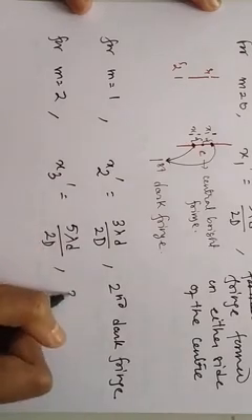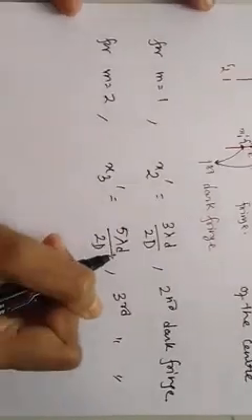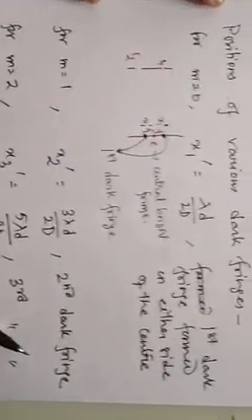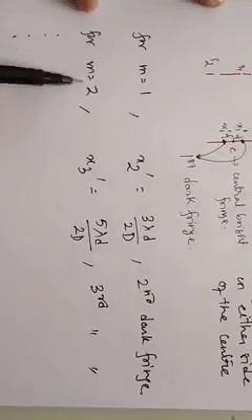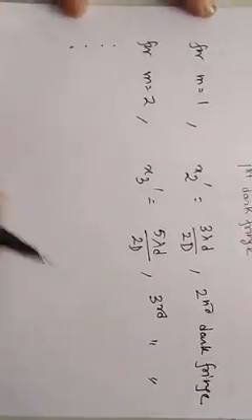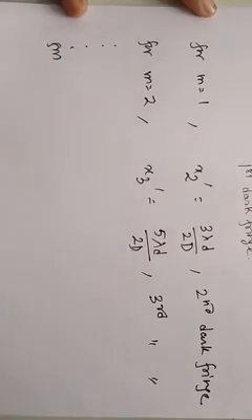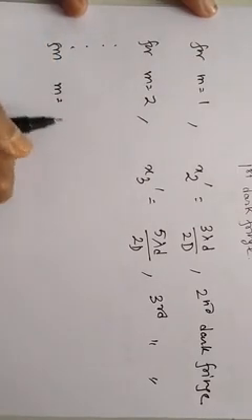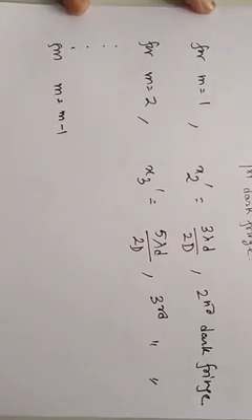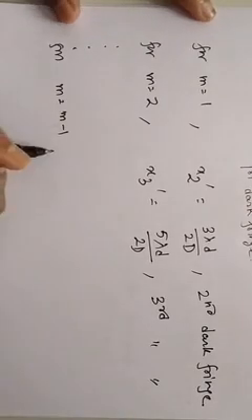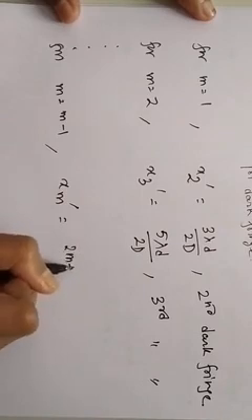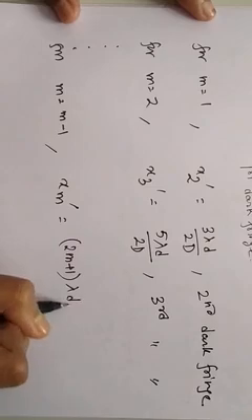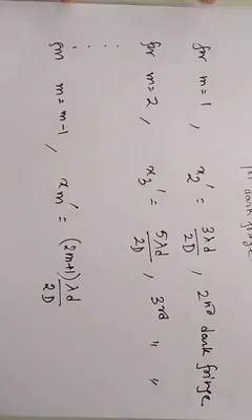So you see, for m equals 0, we get the first dark fringe. For m equals 1, we get the second dark fringe. For m equals 2, we get the third dark fringe. So to get the mth dark fringe, we have to put 1 less than m, which is m minus 1. We get the mth dark fringe, which will be formed at 2m minus 1 into lambda D by 2d. Okay.